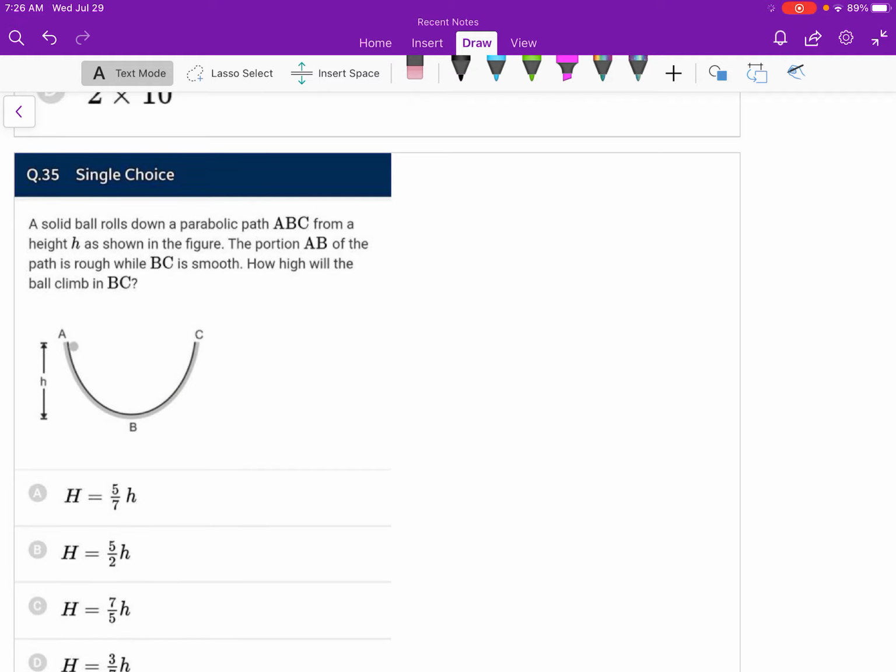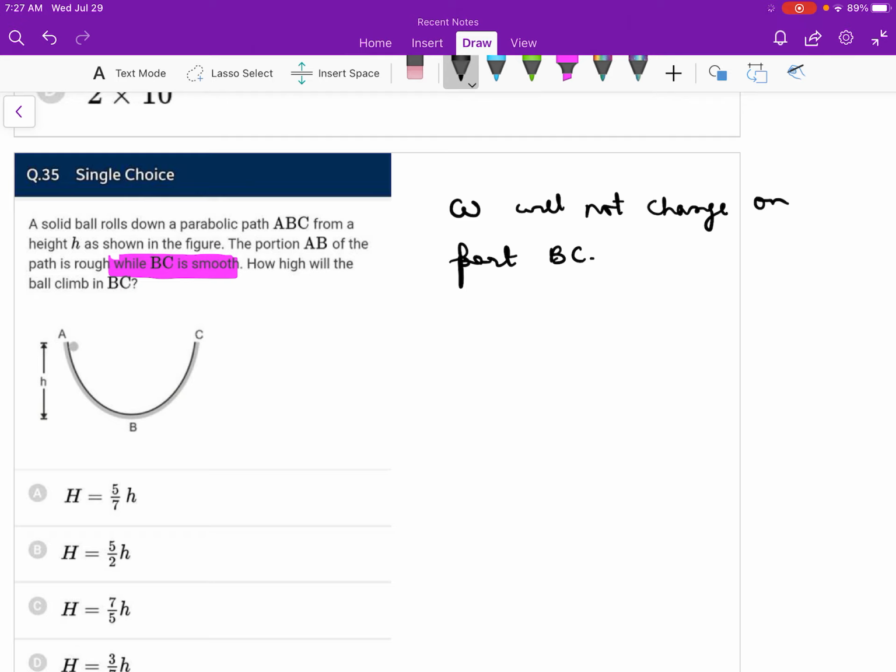Solid ball rolls down a parabolic path from height h. The portion AB of the path is rough and BC is smooth. So this is important. BC is smooth, so omega will not change on part BC as it is smooth.